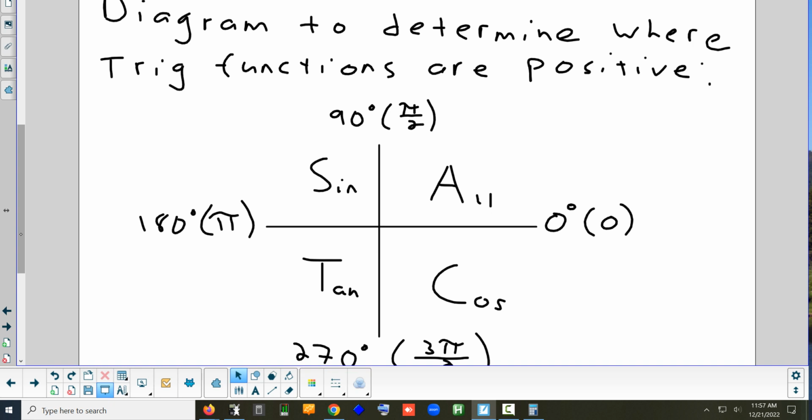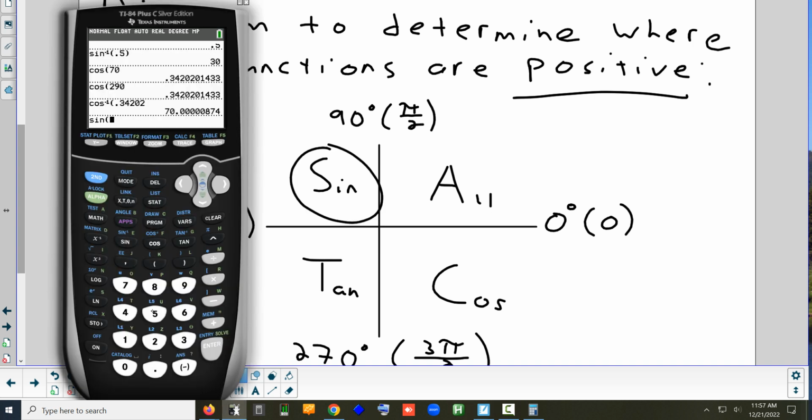If you give me an angle between 0 and 90 degrees, I know that if I take the sine, the cosine, or the tangent of it, they all come out positive. If you gave me, let's say, 150 degrees, what quadrant is 150 degrees in? It's in quadrant 2. So I know that if I take the sine of 150 degrees, it will come out positive. Everything else will come out negative in that quadrant, cosine and the tangent.